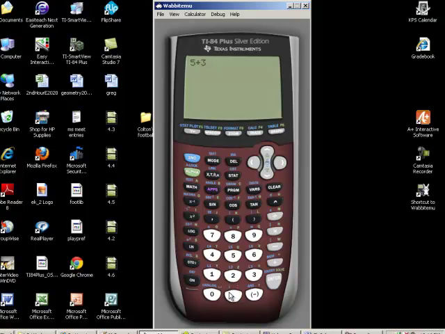So I do second period 5 plus 3i, and you know, maybe I want to put parentheses around it, so I do a little insert of a parenthesis, and I do 5 plus 3i plus 6 minus 2i. I don't know, something like that. If you do that, you end up with 11 plus i, and it does the work for you.